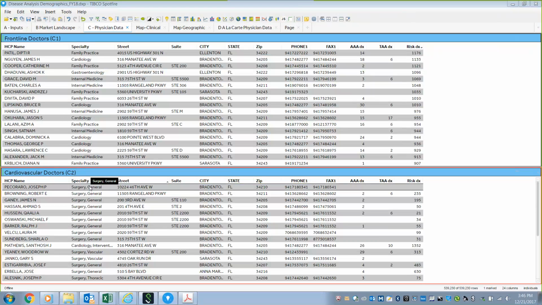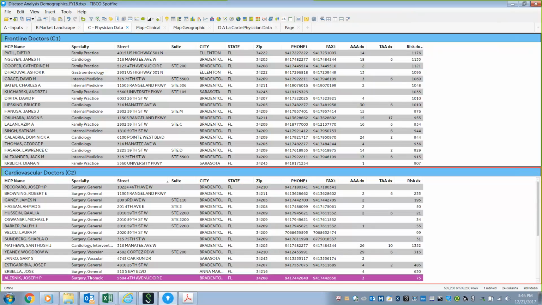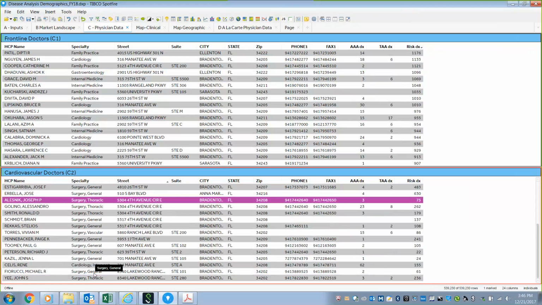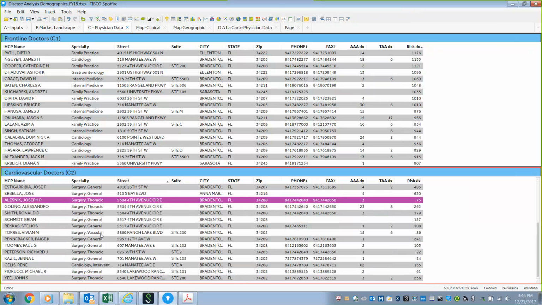Or they may participate in a case as a partner, but may not be the main person like a vascular surgeon might be. We also have interventional cardiologists, vascular surgeons, thoracic surgeons, and then interventional radiologists if there were one. There doesn't appear to be one in this market. They're all people that are likely to do cases in the aorta.